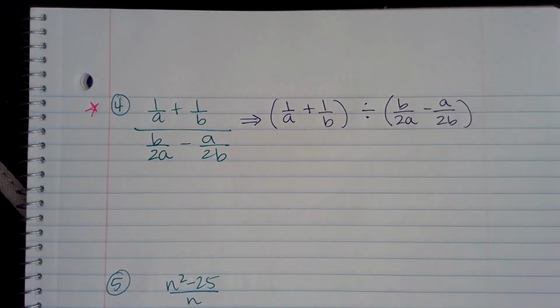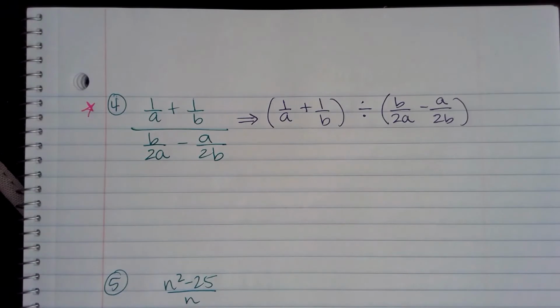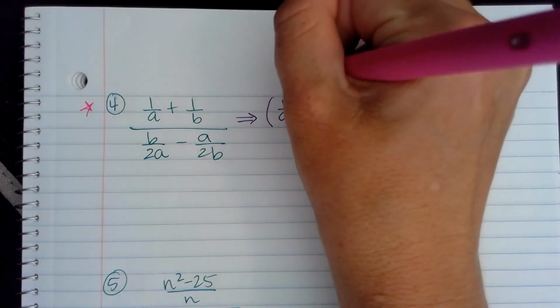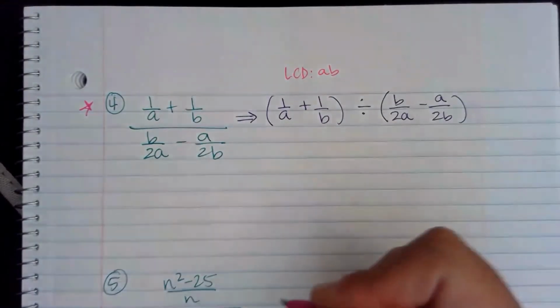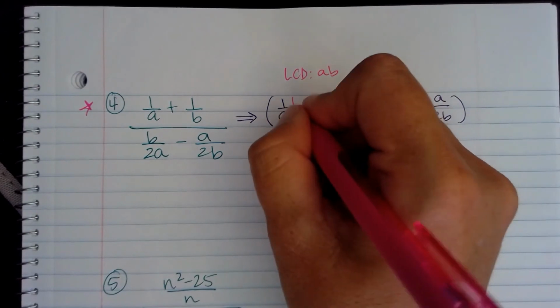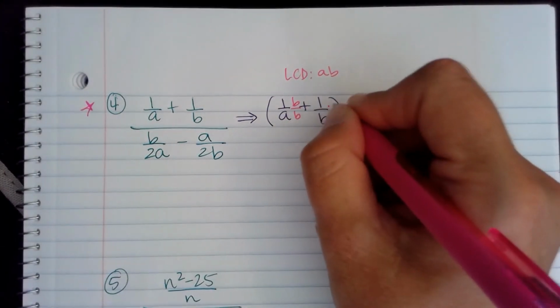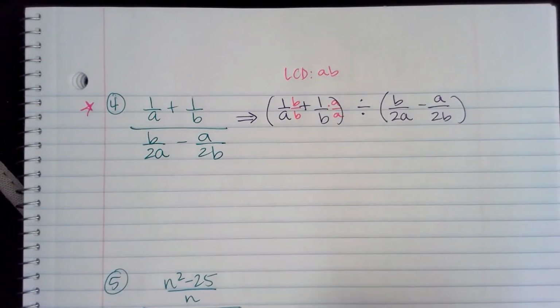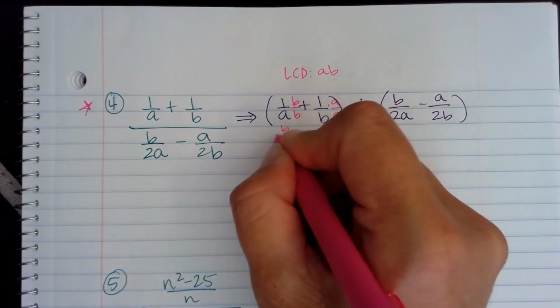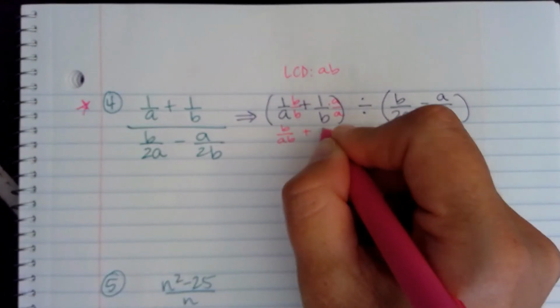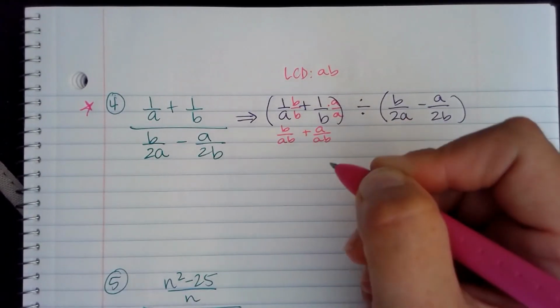Okay? Then remember, we need to get common denominator. So my LCD for the left side is just AB. So I need to multiply this one by B over B. This one I'm going to multiply by A over A. So I get B over AB plus A over AB.